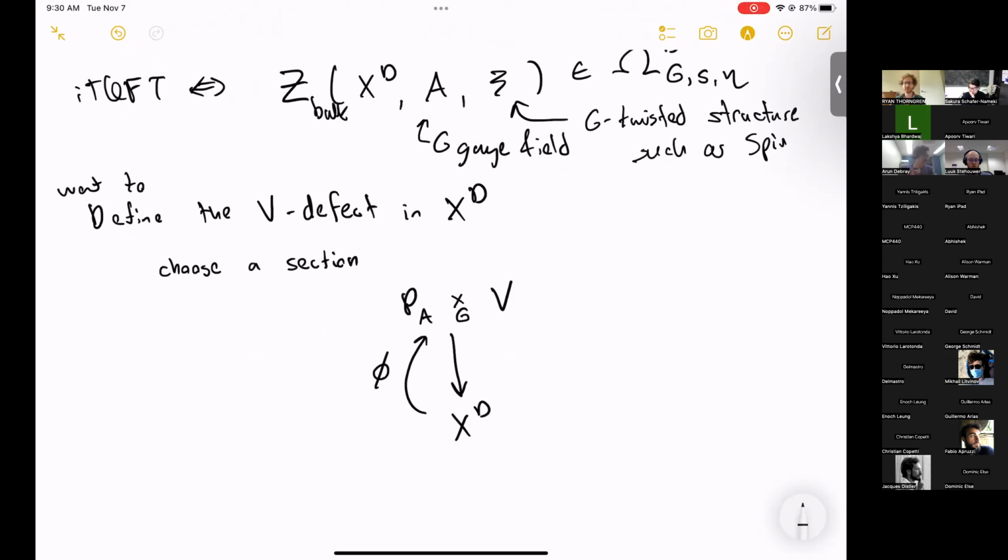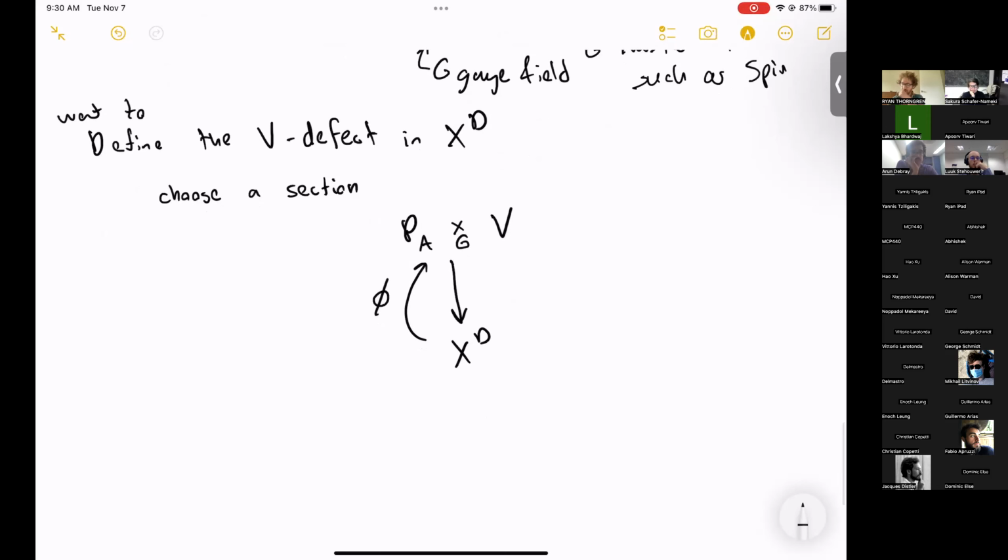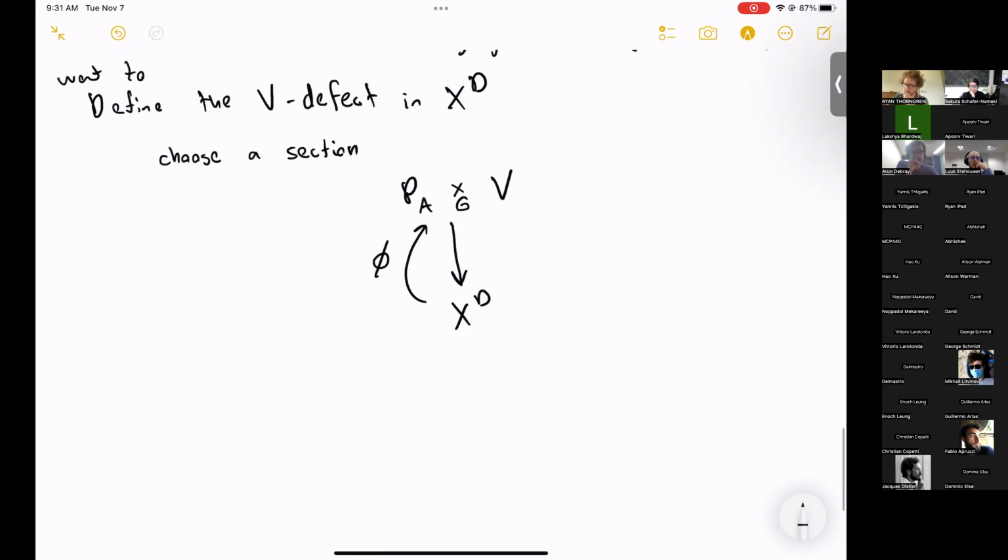But if we want to turn on a gauge field, we have to appreciate the fact that G acts on this vector bundle. And so the right thing to do is to have phi not be just a continuous function to V, but for it to glue according to the transition functions of the gauge bundle. You track through what that is, and that's just a section of this bundle. With this choice of section, the V defect is the set where phi vanishes.